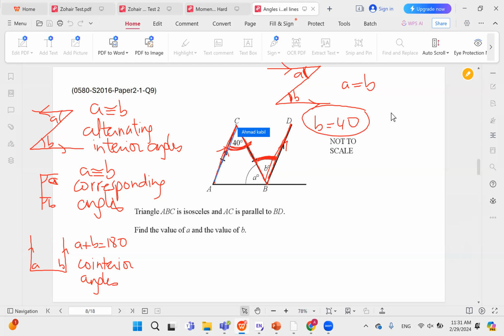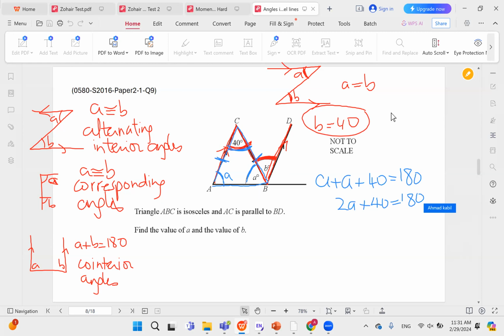And then we have an isosceles triangle. So this triangle here is isosceles. This angle is the vertex. So these two angles here would be the base angles, and this would be A. So in order to get A, we say A plus A plus 40 equals 180. So 2A plus 40 equals 180.